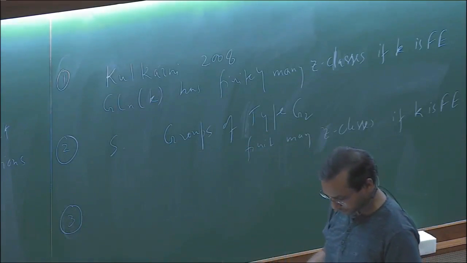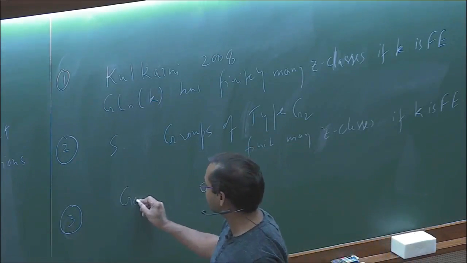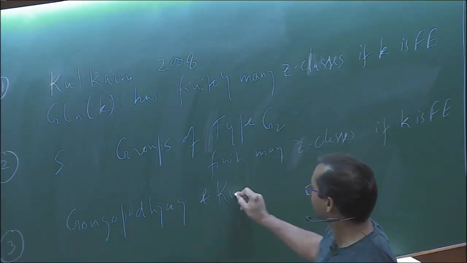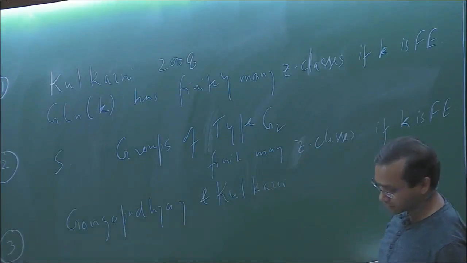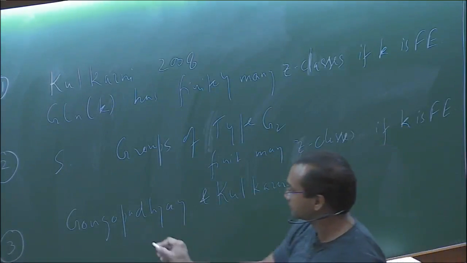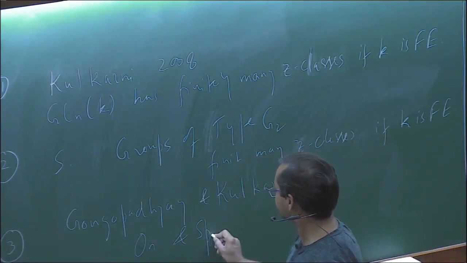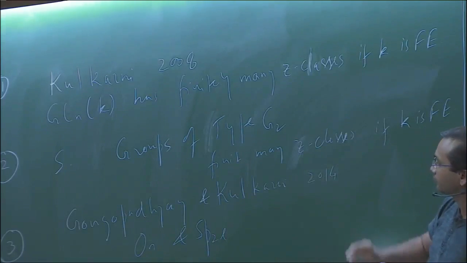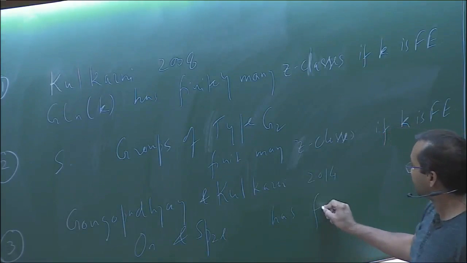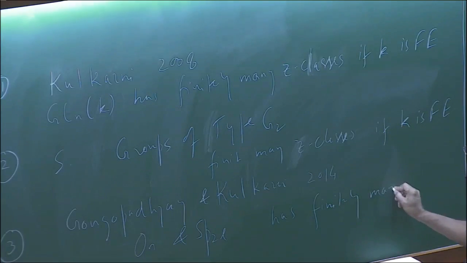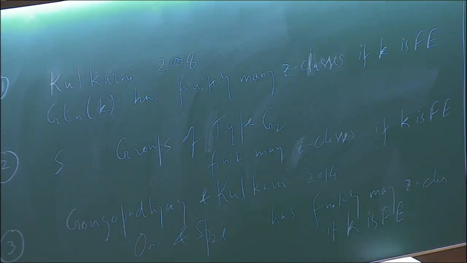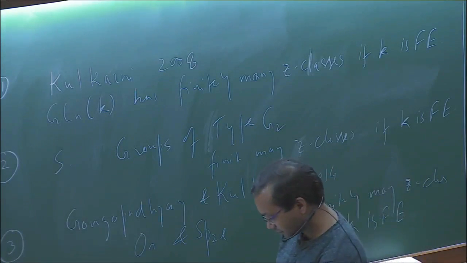After this, Krishnendu Gangopadhyay and Kulkarni did this for orthogonal and symplectic groups, in 2014: it has finitely many G classes if K is Fe. Recently, we extended this to the unitary group.